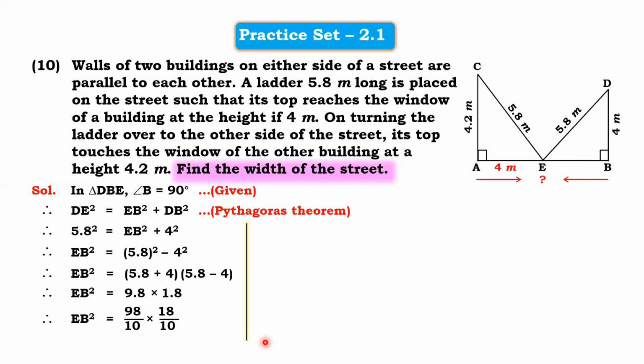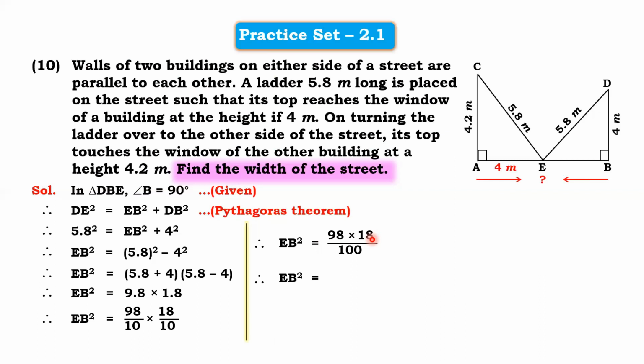So now we can say therefore EB square is equal to 98 into 18 upon 100. Perfect. Now don't make the mistake of multiplying 98 into 18, because 98 into 18 will be a very big number. In calculations, we don't have to make the numbers big, but we have to make the numbers small.